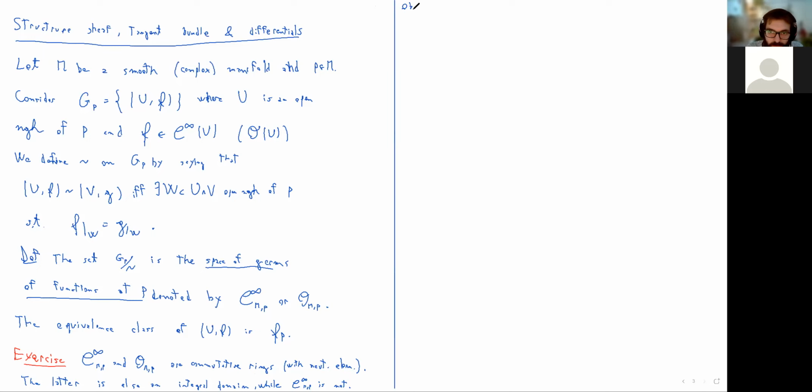And let's also observe that the map which sends a germ to its base point, so from C^∞(M)_P to R, taking f_P and sending it to f(P), is well defined. Because of course this is an equivalence class, but if you take something equivalent to it, it must be the same in the neighborhood of P, so in particular the same at P. And so it is well defined and surjective.